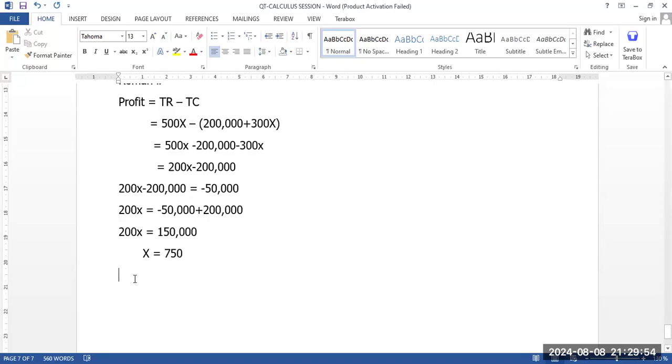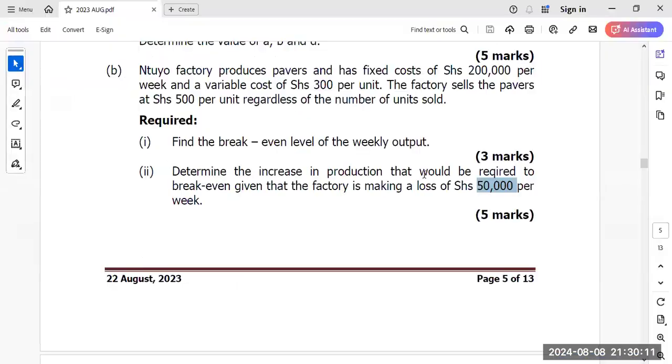Remember, we need the increase in production. If you check the question, we need increase in production. Already we have the production at break even. Now we have the production that can make a loss of this.